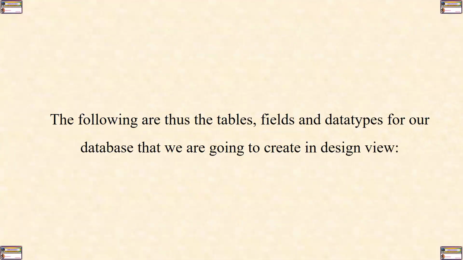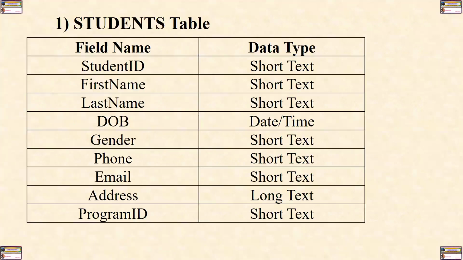The following are therefore the tables, the fields and data types for our database that we are going to create in Design View. So our first table is called Students Table. Our Students Table will contain the following fields, that is the field names and the data type. Number 1 is Student ID.